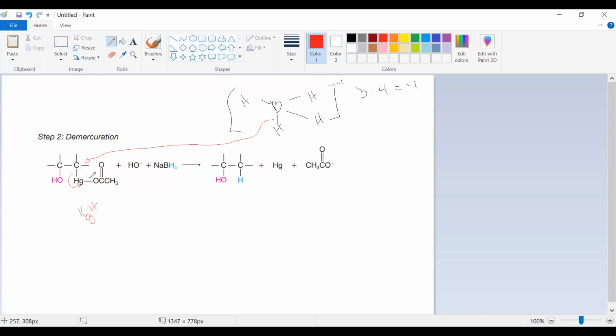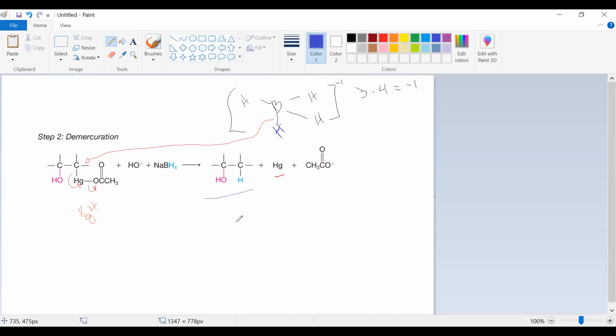The mercury gets 2 electrons and becomes Hg+, once it accepts the electrons, and the electrons on the acetate will go there. So this is the blue one, you get your hydride and you get your alcohol here.